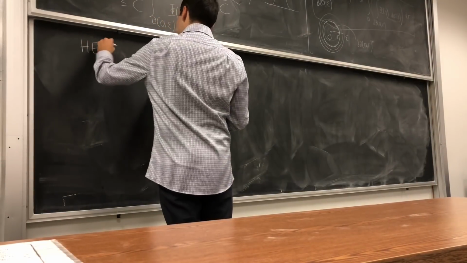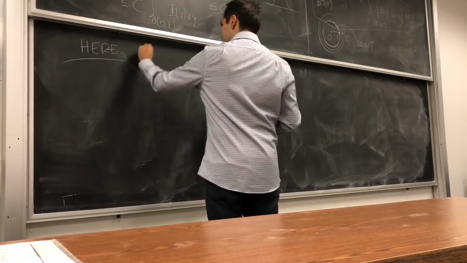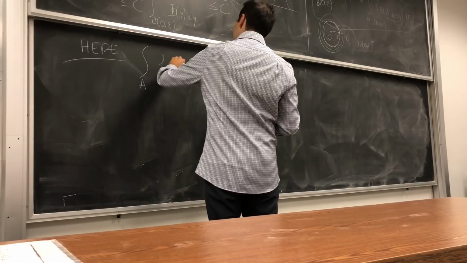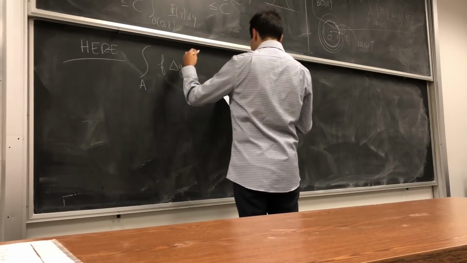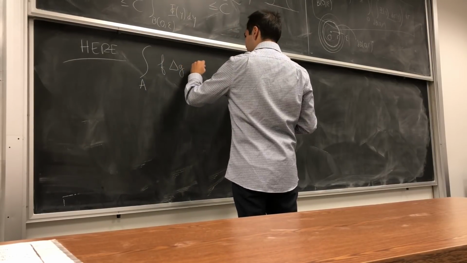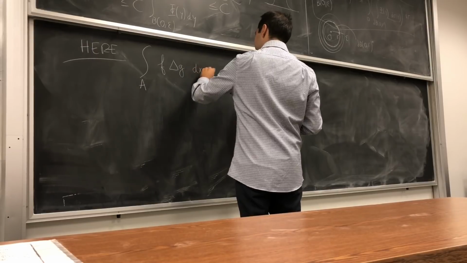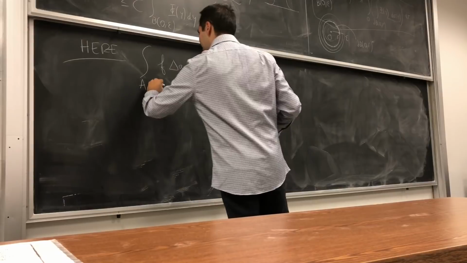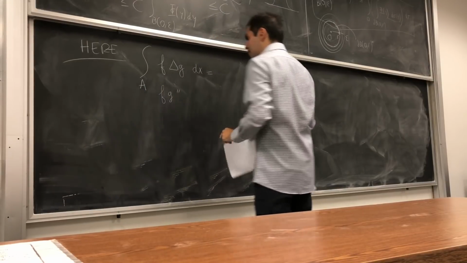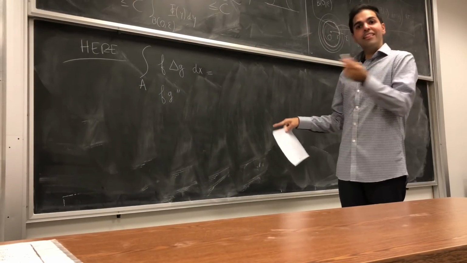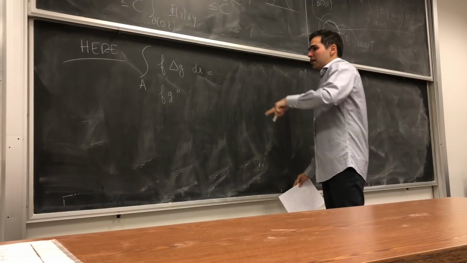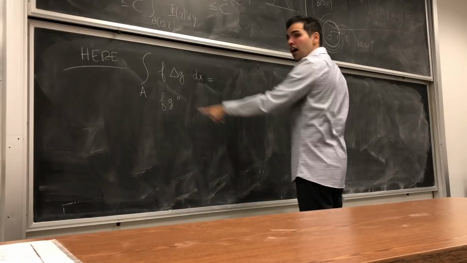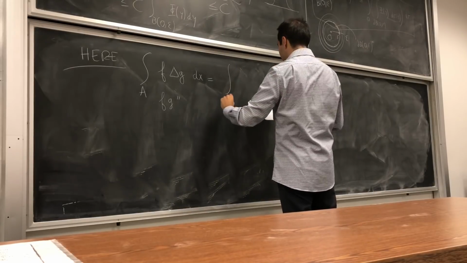Here the analog is the following. Suppose you have a region A and you take the integral of f Laplacian of g dx. Again, this is the analog of f g double prime. First, you want this f g prime, but before we evaluated it at certain points, now we want to evaluate it on the boundary.